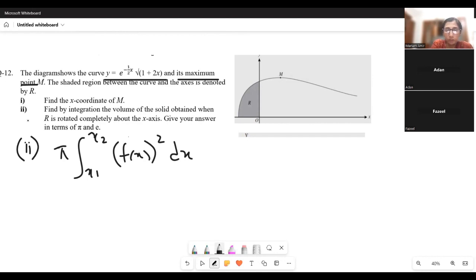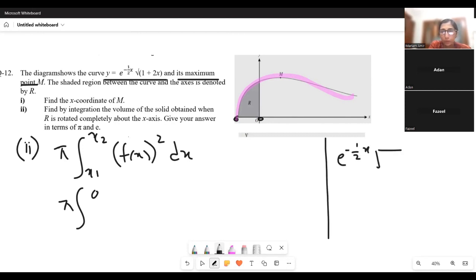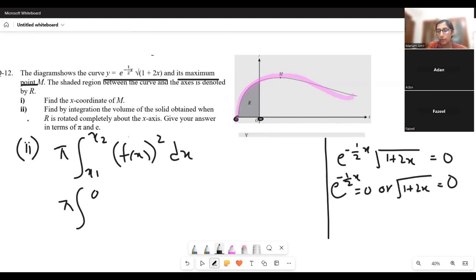So now I need the lower and upper limits of x. The upper limit seems to be 0, and we need to see what the lower limit will be. To find the lower limit, equate this curve to 0, so y is 0 at the lower limit. So we equate e power -1/2 x times square root 1 plus 2x to 0. Again, we have a product that equals to 0. That means either this equals 0 or square root 1 plus 2x equals to 0. This gives the same ln 0, which has no solution.